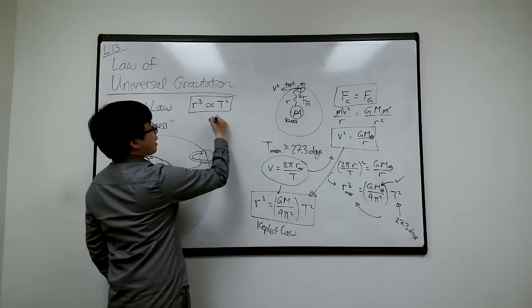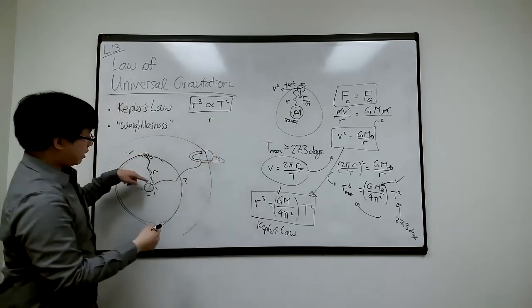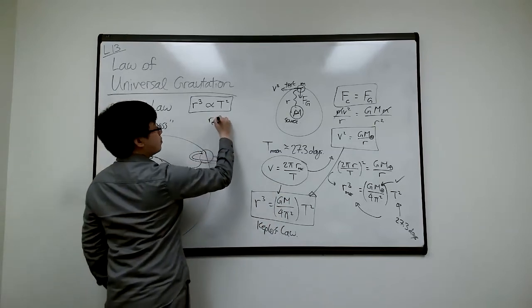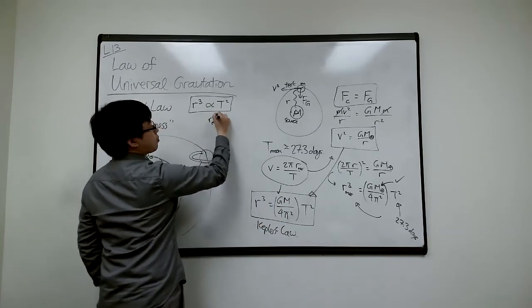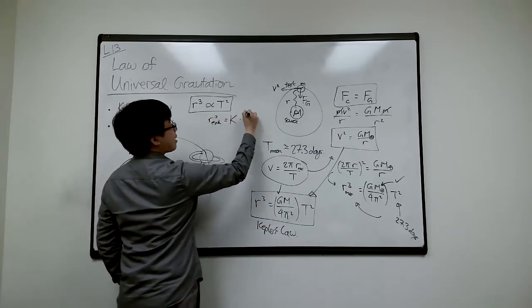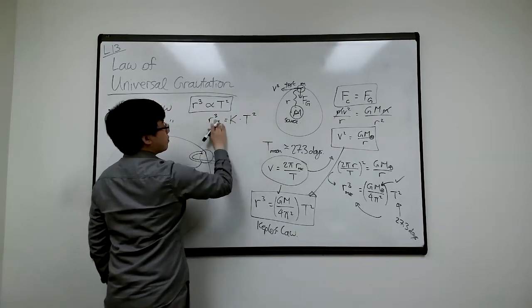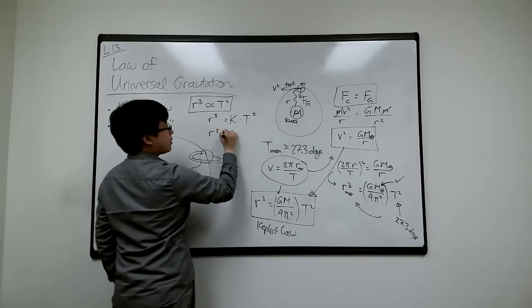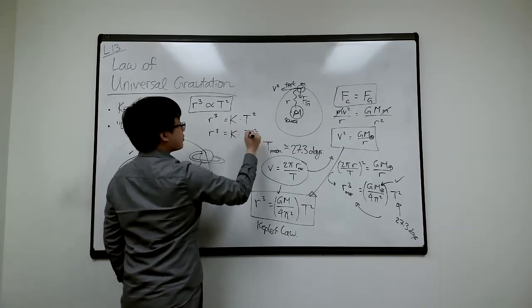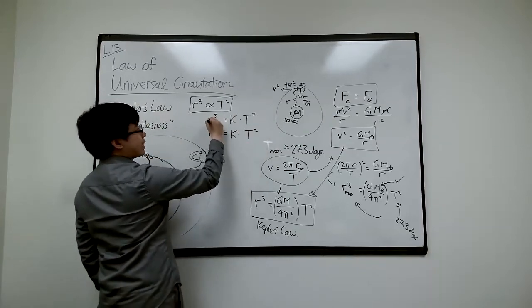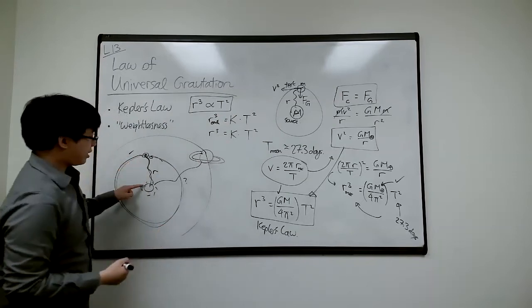For example, I can put the radius of Earth. Proportional means some constant times this, right? So let me write this twice. I can put the radius from Earth to the sun.